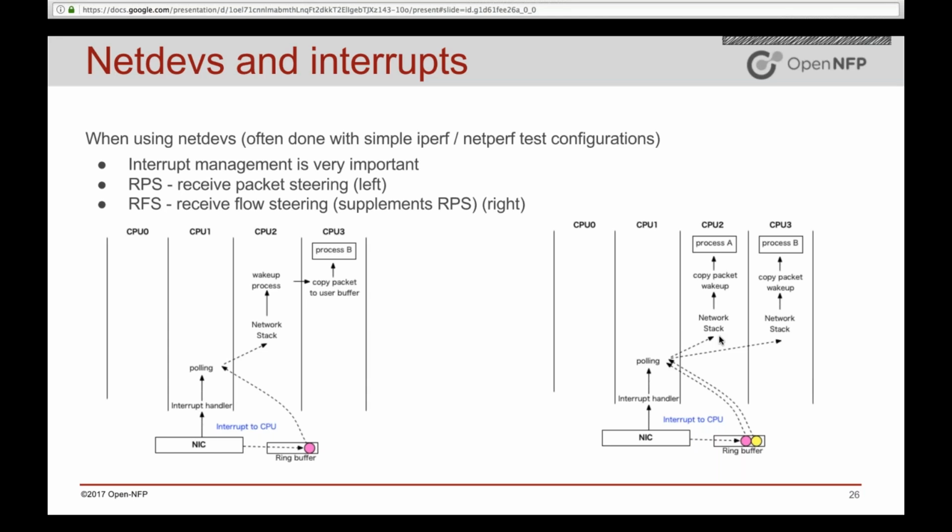It's very easy to overload the network stack portion of it or other portions of it and have the CPU be the bottleneck in that data path. So we're not going to go through this in any more detail than this, but this is very important for iPerf and NetPerf type benchmarking.